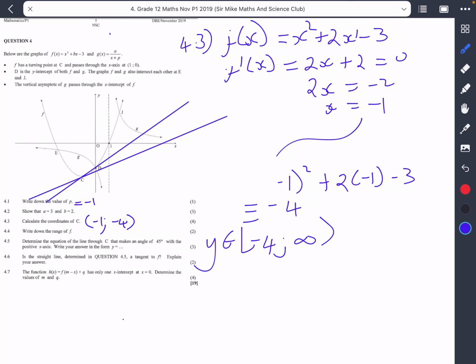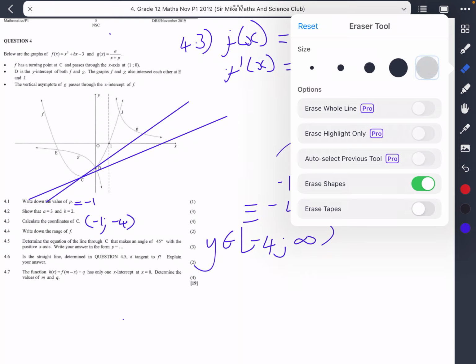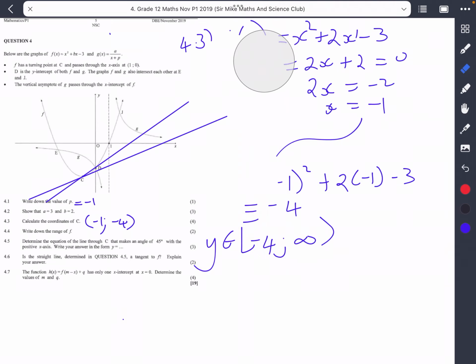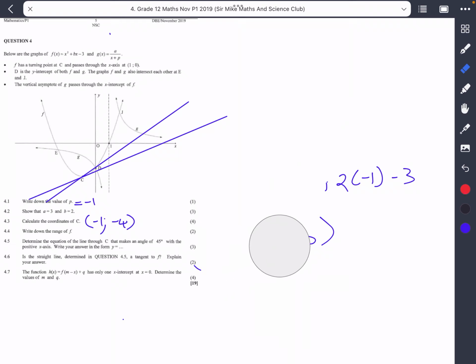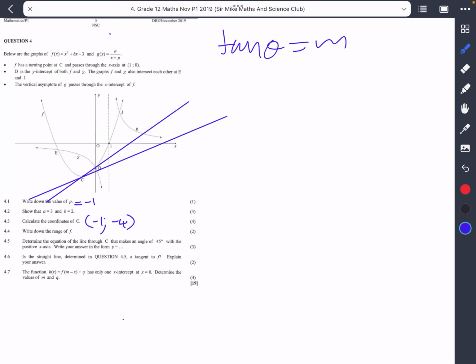Now, to calculate the angle of inclination, we know from grade 11 that we just take tan of theta and equate it to the gradient. So if we were to find the angle of inclination of that line, we say that tan of theta is equal to the gradient of that line.